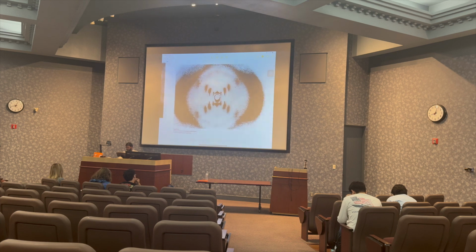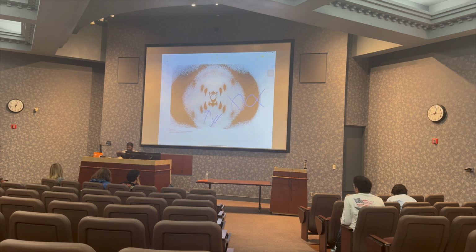Anyway, this is the famous picture which led to the discovery of the double helix. How to deduce from this that it is a double helical structure? No way. This is the crystal structure, and it's very hard to get any observation from a single image.